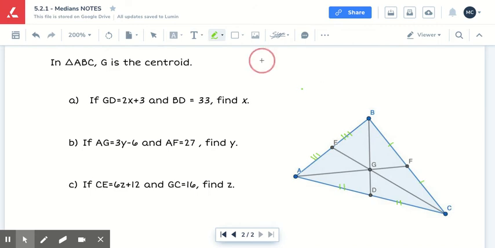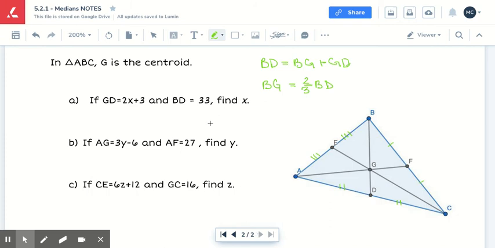One of the theorems I'm going to use is the segment addition postulate. So BD is equal to BG plus GD. And the other one I'm going to need to use is the centroid theorem, which says that BG is 2/3 of the distance BD.